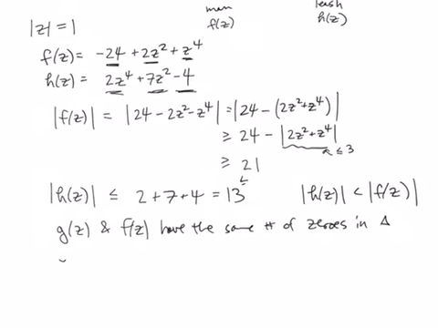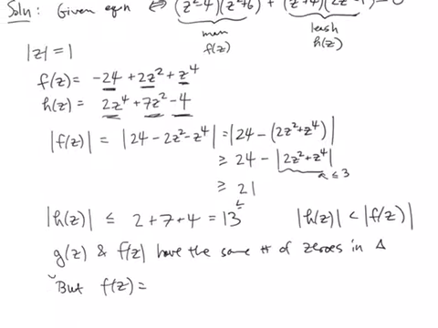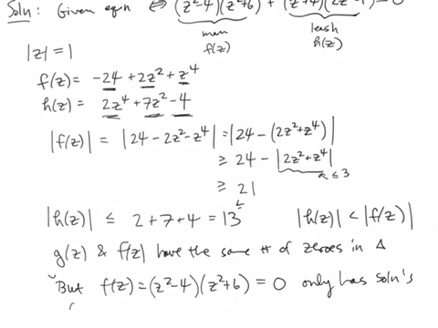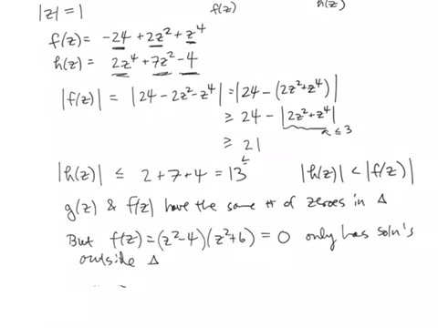So f of z, that's z squared minus 4 times z squared plus 6 equal to 0, only has solutions outside the unit disk. The solutions are 2 and negative 2 and root 6 i, negative root 6 i, and those are outside the unit disk. So g has no solutions in the unit disk, and so neither does our original equation.